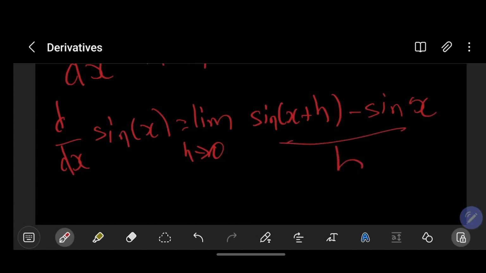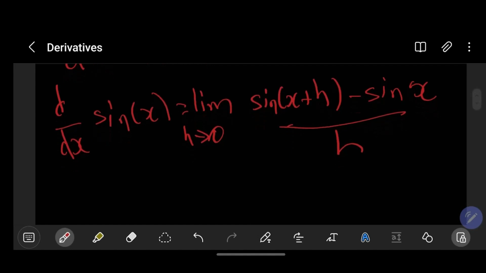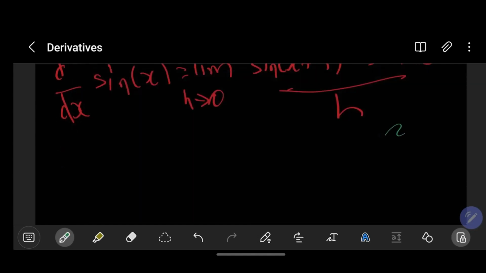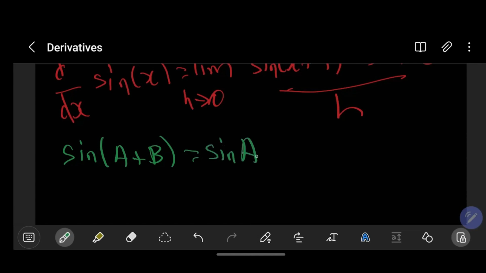Okay, so we know that from the trig identity, sine of a plus b is equal to sine of a cos of b plus sine of b cos of a.